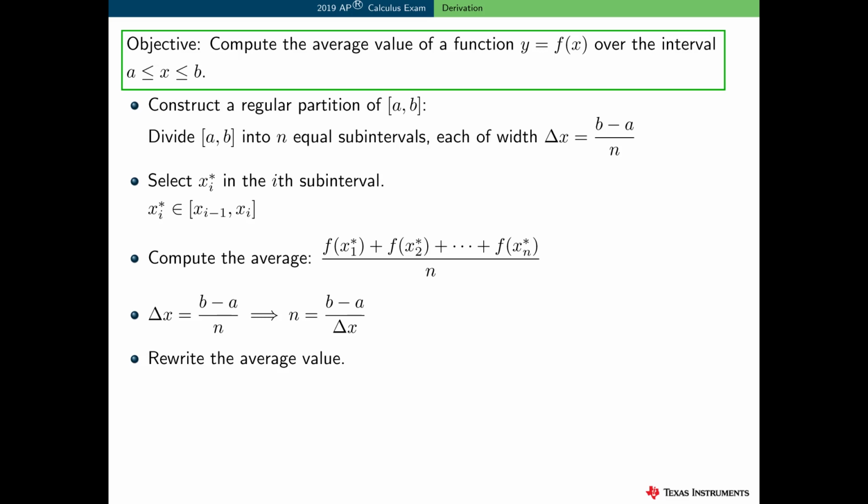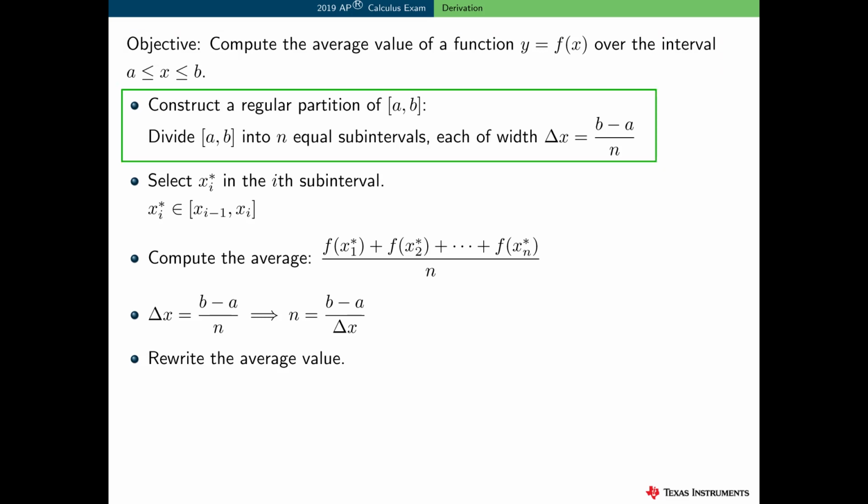Our objective is to find the average value of a function over the interval a to b. So let's try a typical calculus approach. That is, let's find an estimate and then see what happens when we try to find better and better approximations. We'll start by constructing a regular partition of the interval a to b. We'll divide the interval a to b into n equal subintervals, each of width delta x, equal to b minus a divided by n.